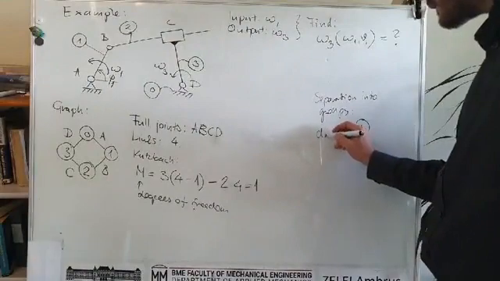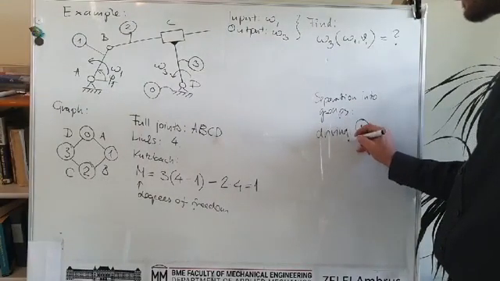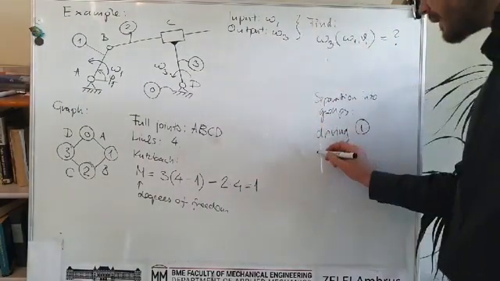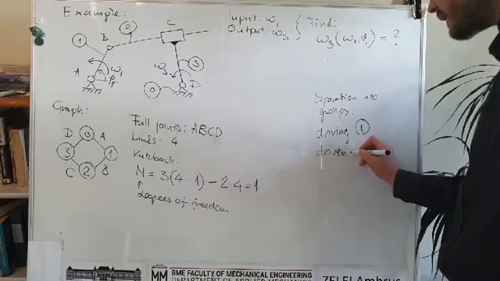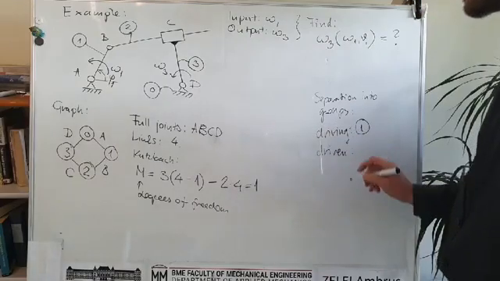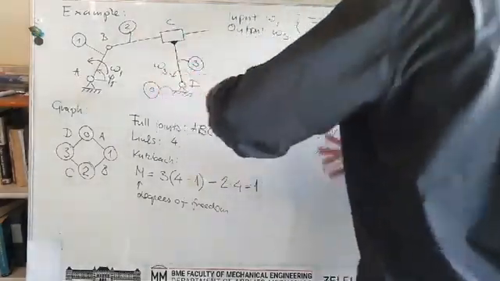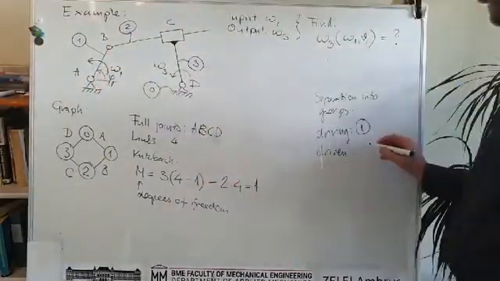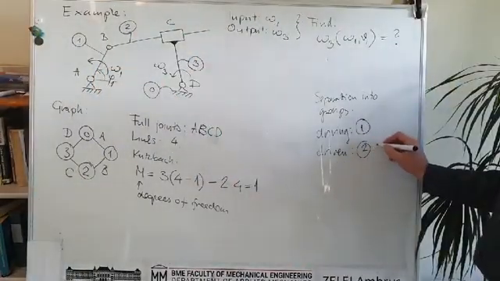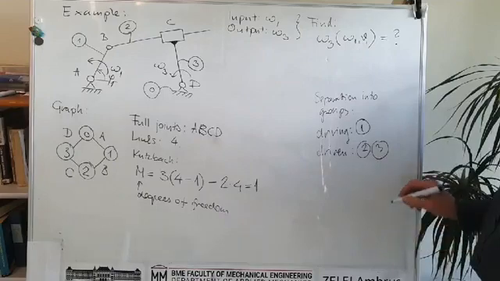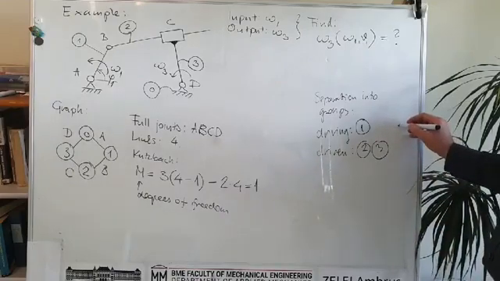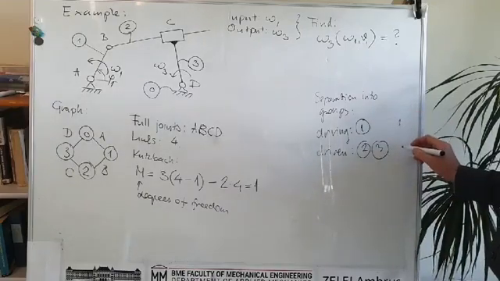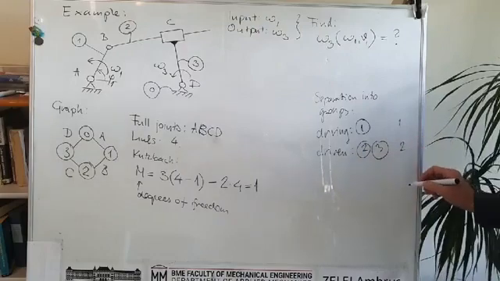It drives the whole mechanism, and the driven links, the other links which are moved by the driving link, are 2 and 3. So we have 1 driving link, which is fine, and we have 2 driven links.